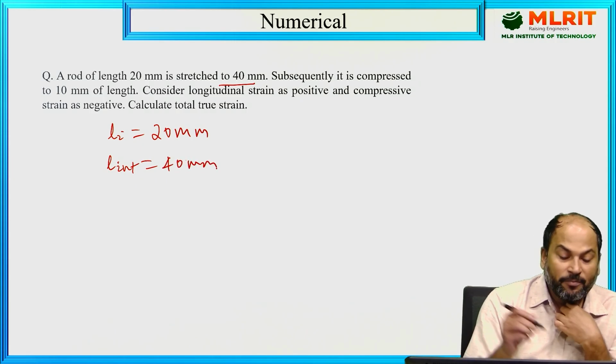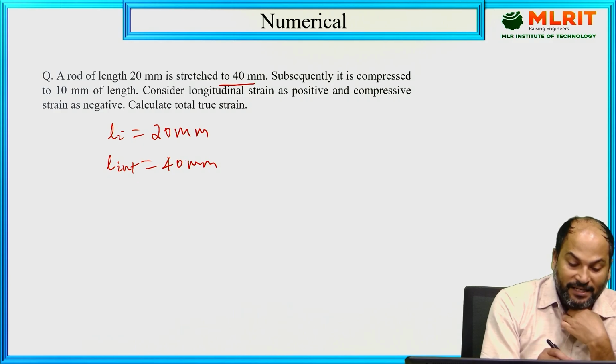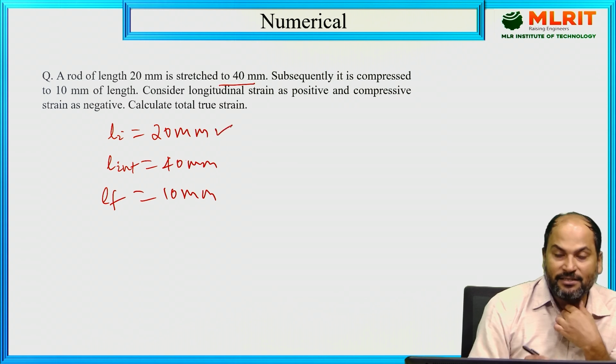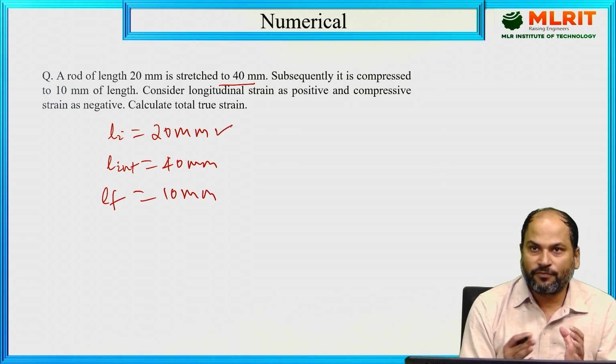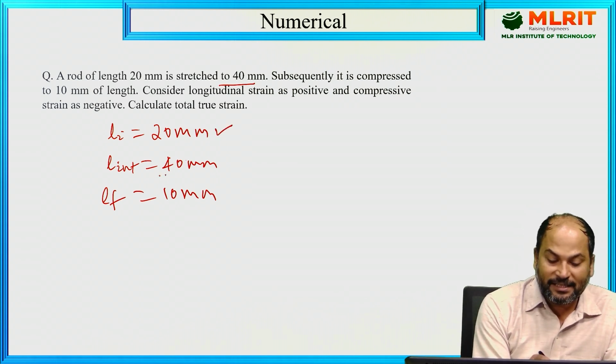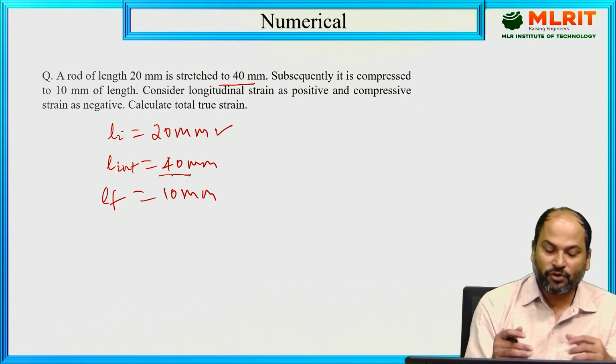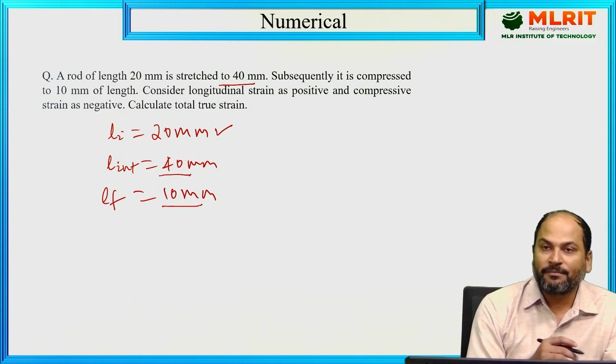Subsequently, it is compressed to 10 mm length, so finally the final length has become 10 mm. So what was the initial length? It was 20 mm. It was forced and the length increased and it became 40 mm. Then this 40 mm piece is again forced and finally the length becomes 10 mm.